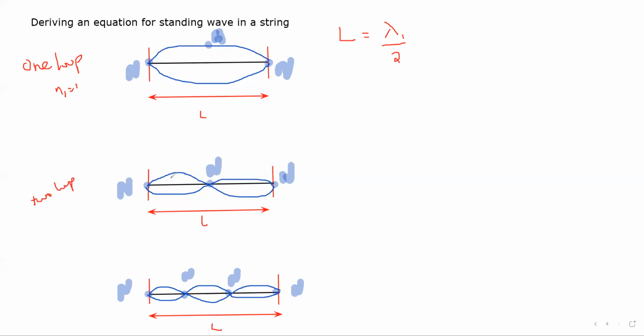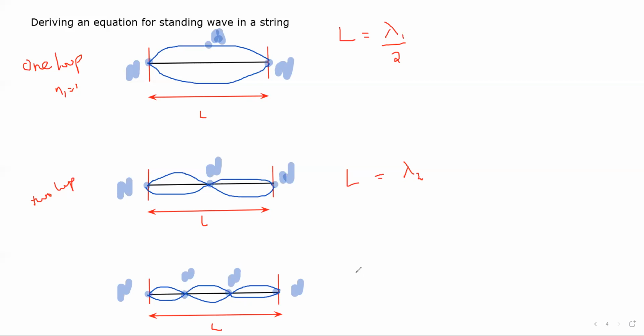When it is vibrating in two loops, the length is equal to lambda 2, the wavelength. And if it is vibrating in three loops, this is lambda by 2, lambda by 2, and lambda by 2.